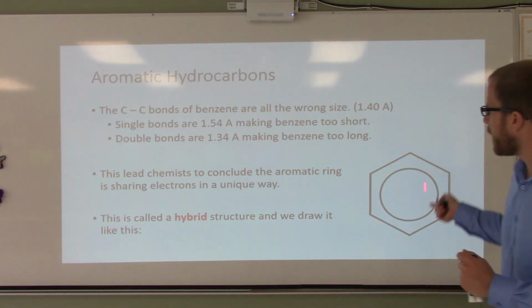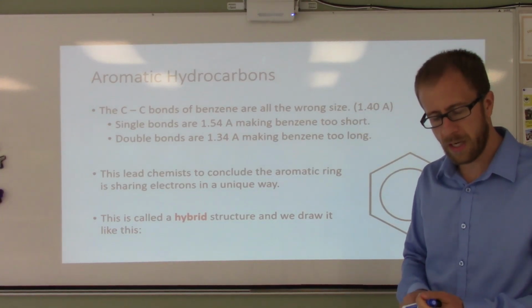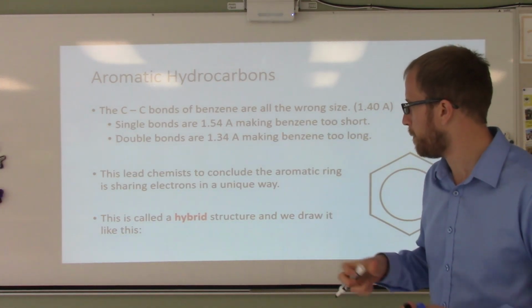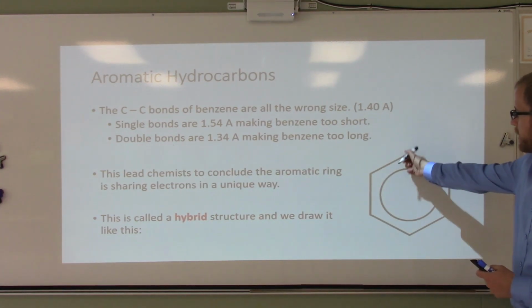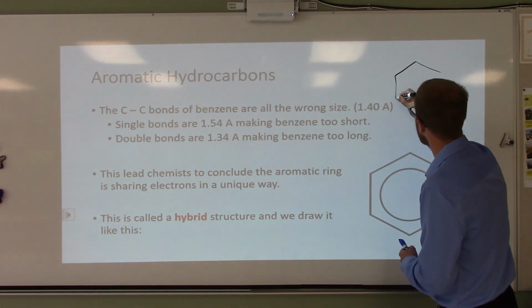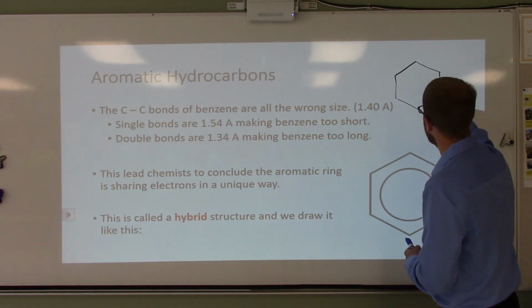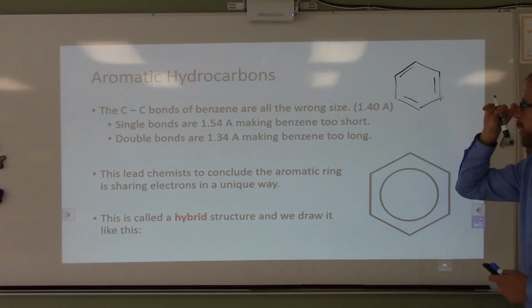But the benzene ring lies somewhere between a single bond and a double bond. Right? It lies somewhere in between. This is one way we represent benzene, but benzene really is a 6-carbon ring with alternating double bonds.